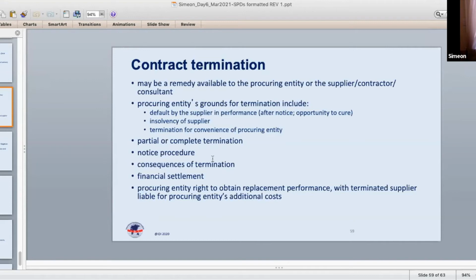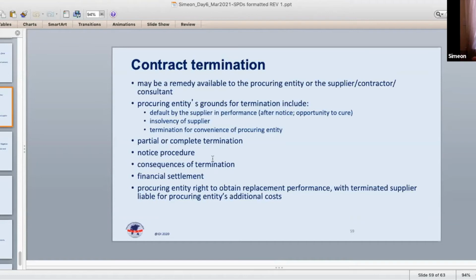There's also the question of termination for convenience. It's the third sub-bullet point of the second bullet point. That is a right that ordinarily is not available to a private contracting party, either a private party contracting with a public purchaser, or two commercial parties contracting with each other.